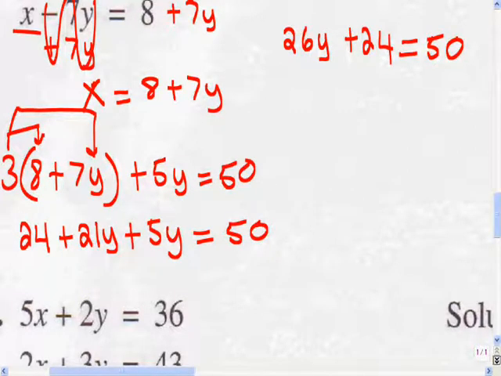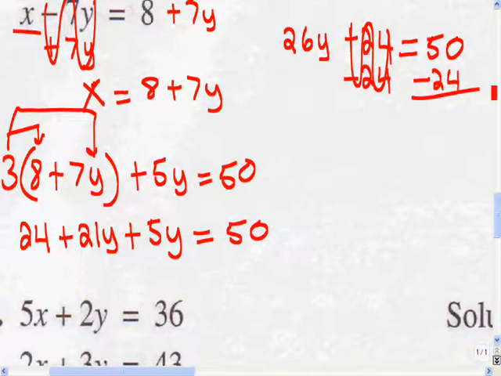Now I need to get rid of this positive 24 because I want to isolate y. That's my goal. I want to get y by itself. The way I'm going to get rid of it is by using the opposite operation. The opposite of a positive number is a negative number, so I'm going to use negative 24 to get rid of the positive 24. Positive 24 and negative 24 equals 0, so I cancel those out. But what I do to one side of the equation, I've got to do to the other.